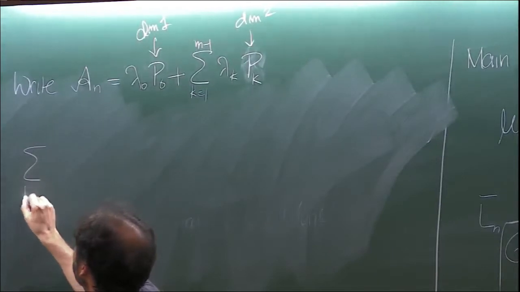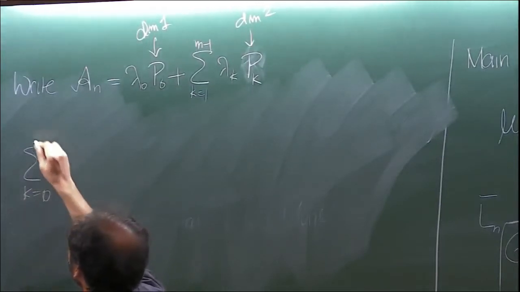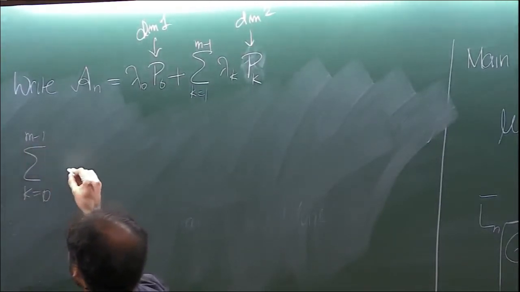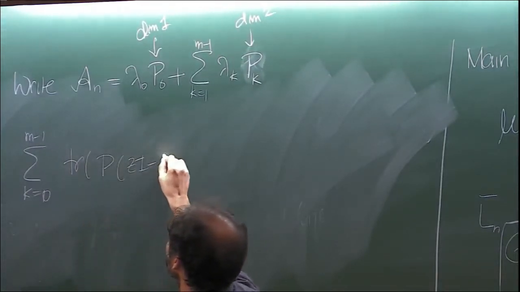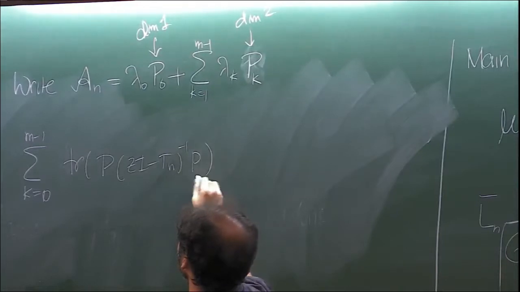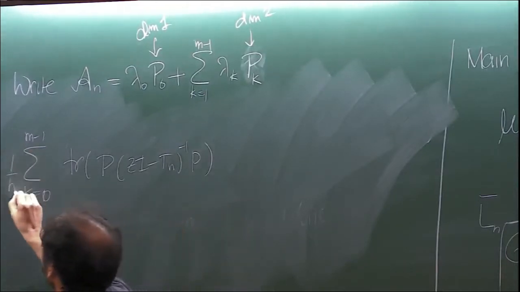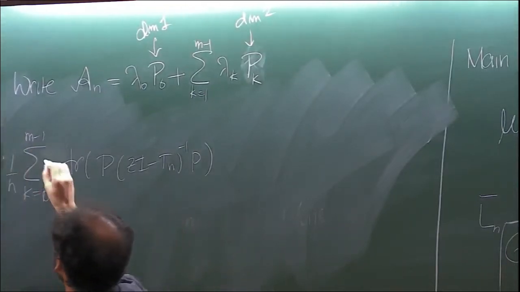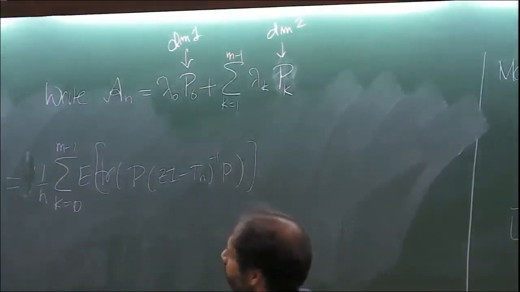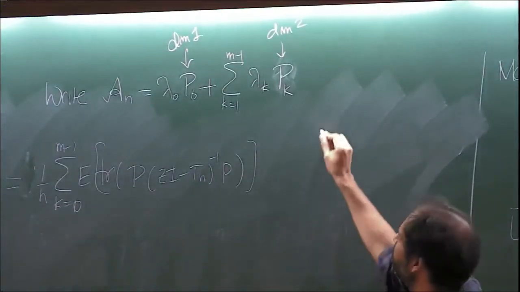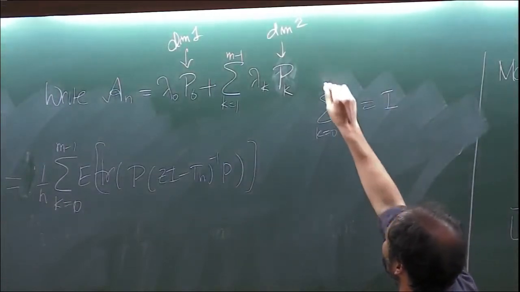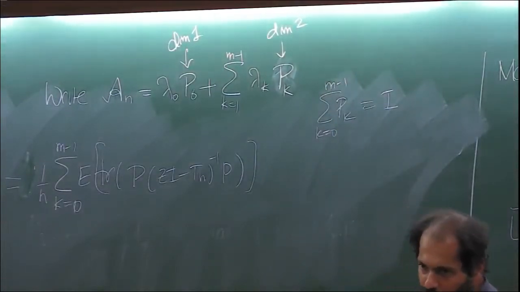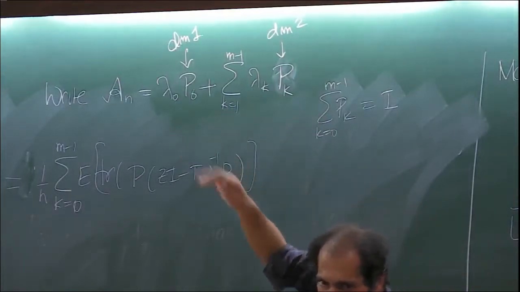So this is the same as the sum over k equals 0 up to m minus 1 of the trace of P (z minus Tn) inverse P. You can sum it and then take expectation, or you can put the expectation inside. It's the same because the sum of the projections is identity. That gives the full eigenbasis.